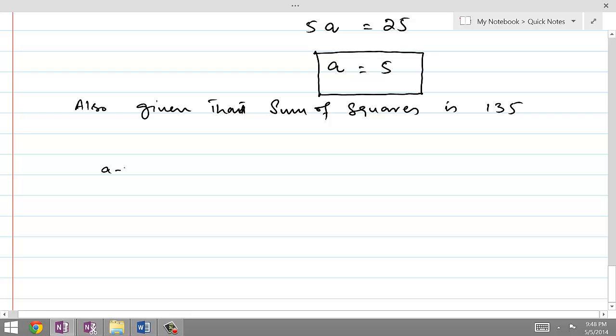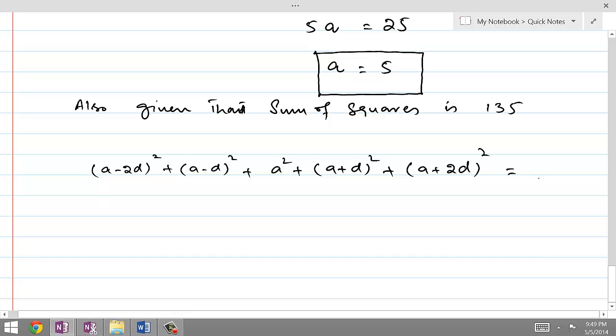So if that is the case, then what were the numbers? (a minus 2d) square plus (a minus d) square plus third number a square plus (a plus d) square plus (a plus 2d) square is equal to 135.